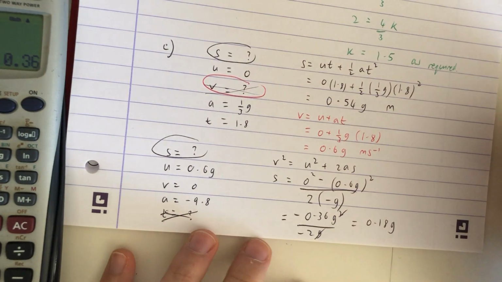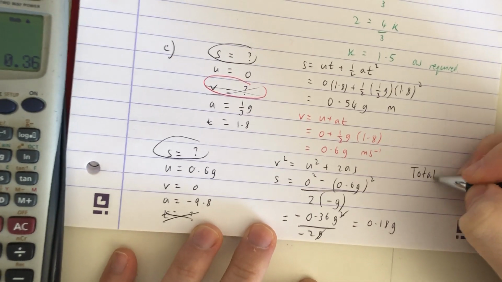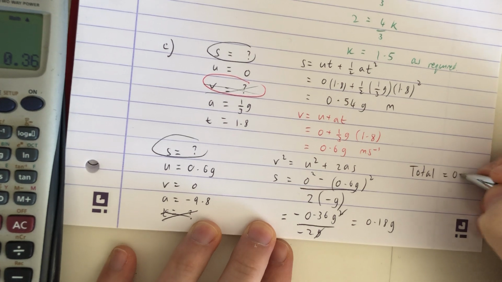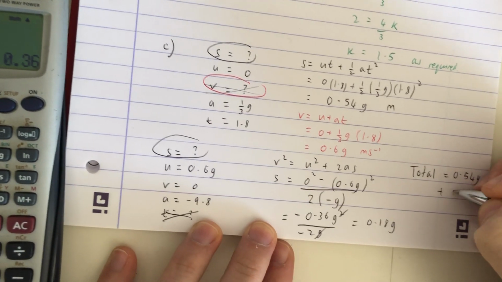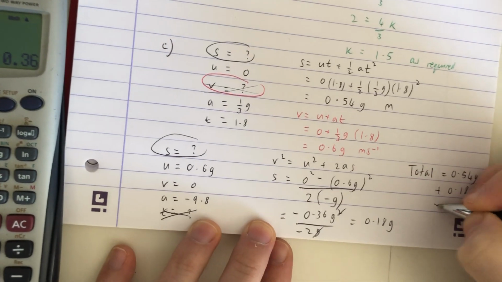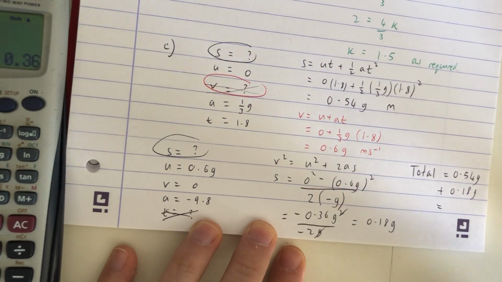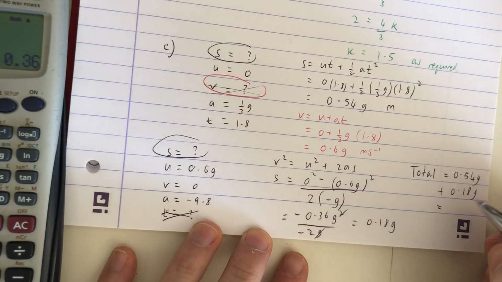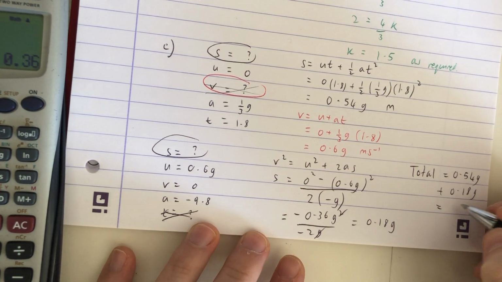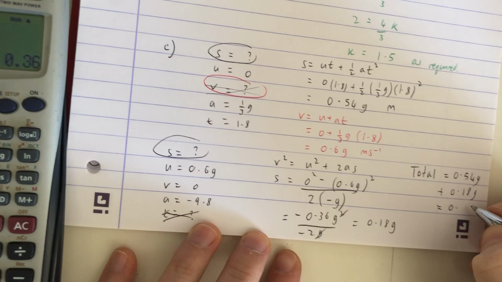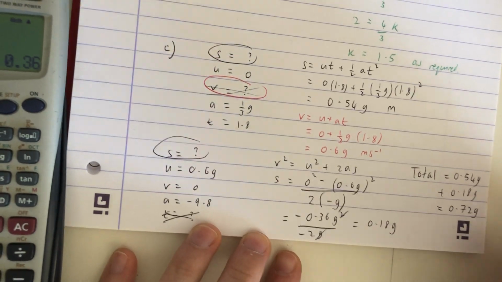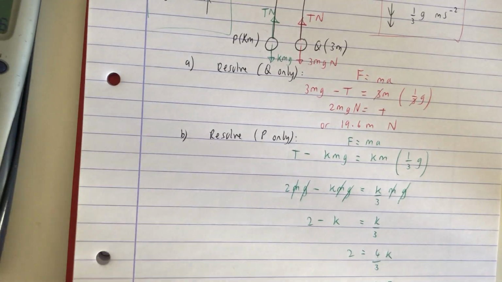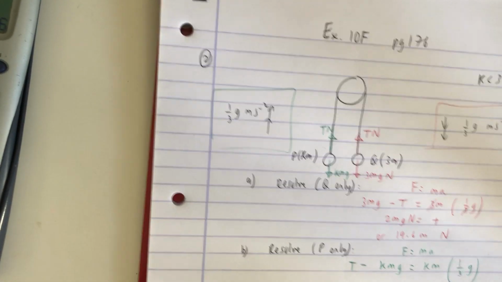So the total distance would be that plus that. So 0.54 g plus 0.18 g, which is equal to 0.72 g. So that's how far P has moved.